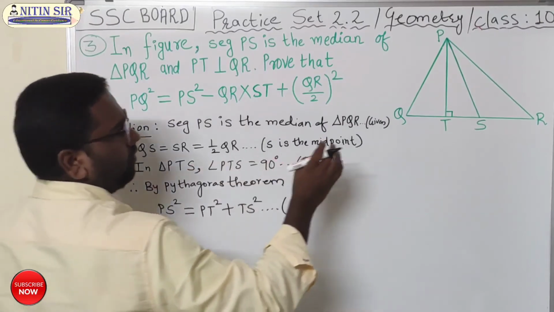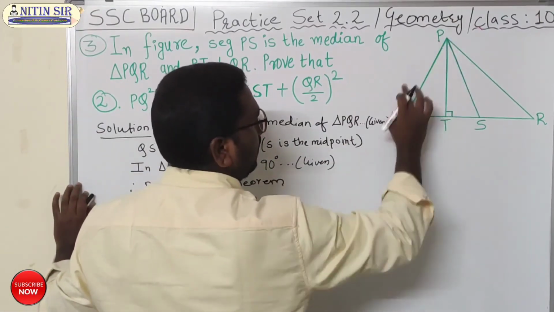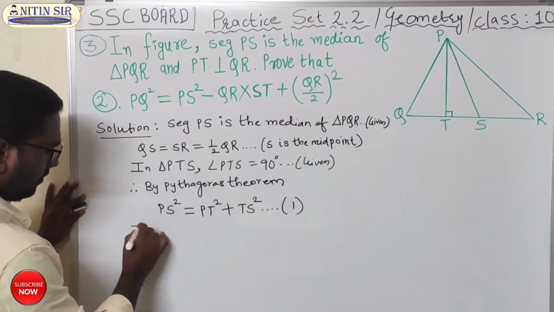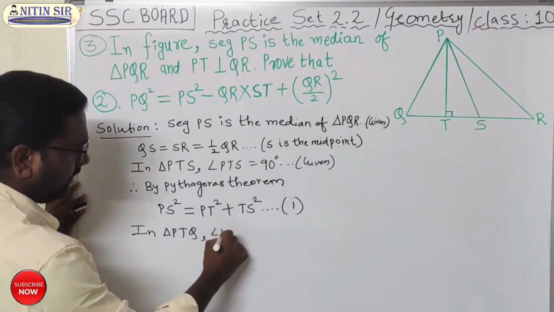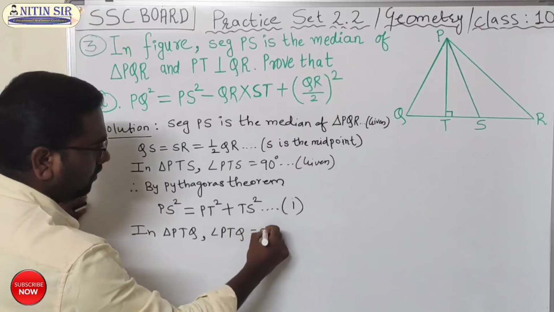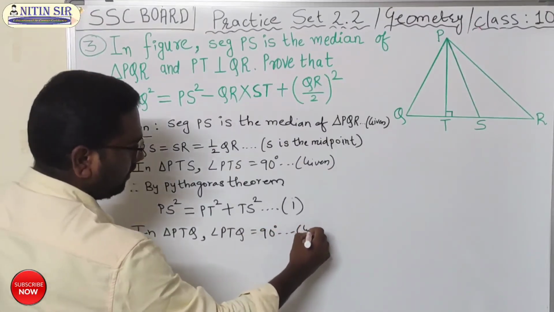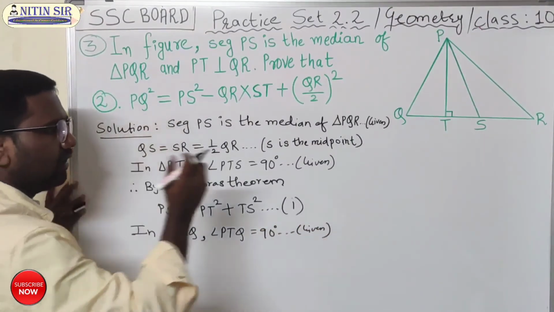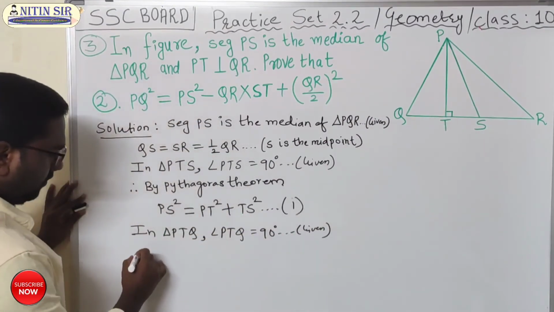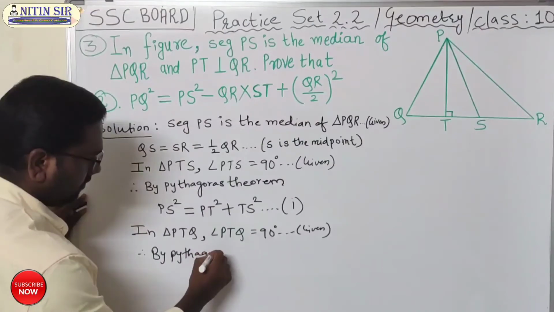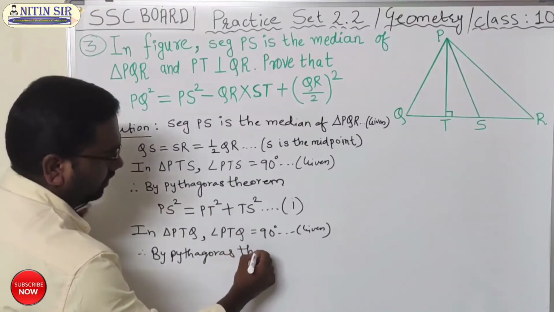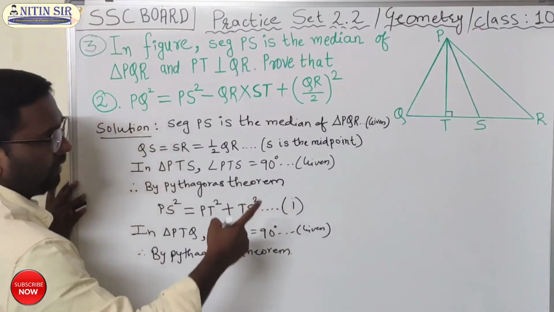Now we'll go to the next triangle, that is PTQ. So in triangle PTQ, angle PTQ is equal to 90 degree, given T is 90 degree. Therefore, by Pythagoras theorem, we can write PQ square.